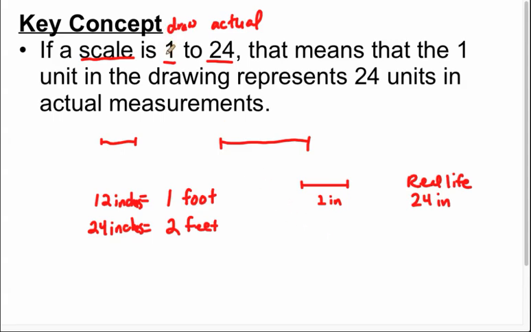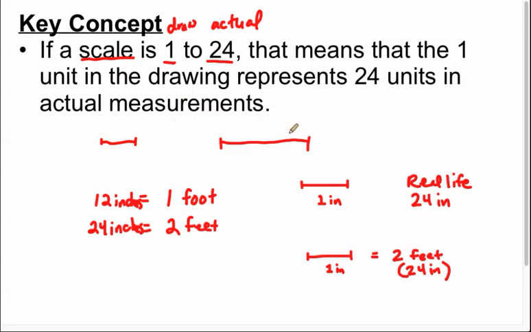So even though I'm given a scale of 1 to 24, I could say on paper that 1 inch in my drawing corresponds to 2 feet in real life, which is the same as 24 inches. And that's how you can see that one of these units that I've drawn actually represents 24 of these same units in real life. So when you're looking at scale without units, you want to think about this idea.